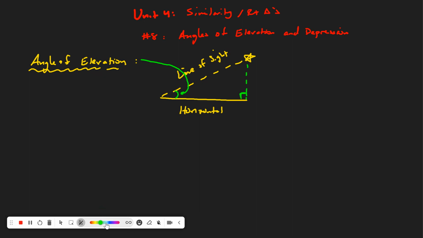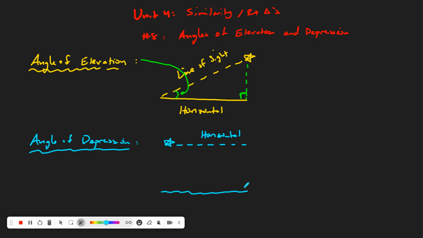Okay. If we take a look at the angle of depression. So if you think of depression, right, we're down, we're blue. So in this case, we have some sort of an object, and from this object, we have a horizontal in the air. And there might be some other objects somewhere on the ground.